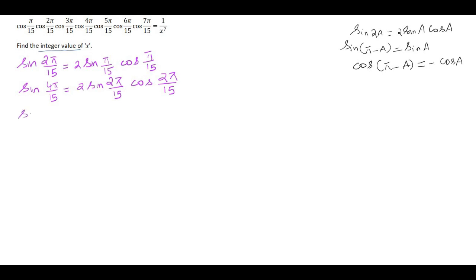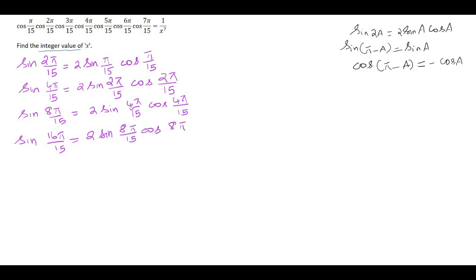Also sin 8 pi by 15 is equal to 2 sin 4 pi by 15 cos 4 pi by 15. Sin 16 pi by 15 is equal to 2 sin 8 pi by 15 cos 8 pi by 15.